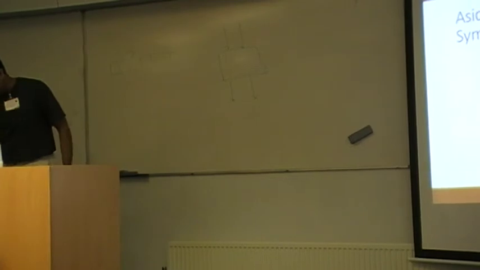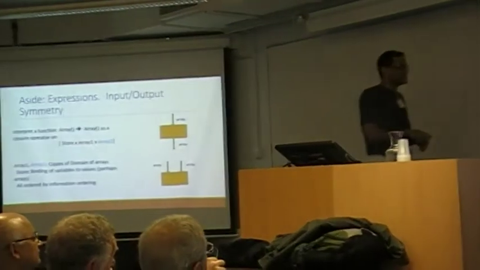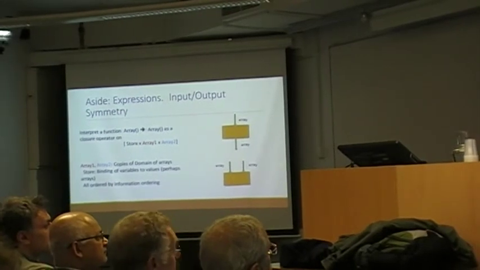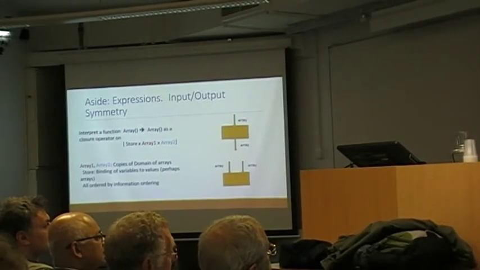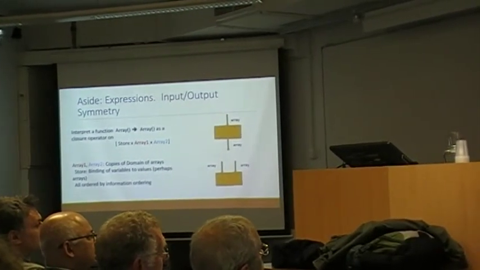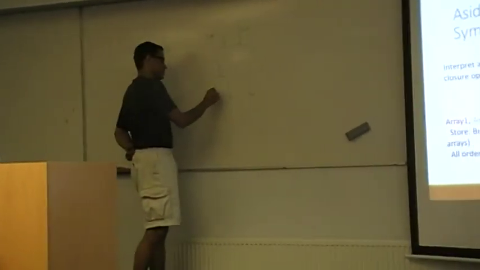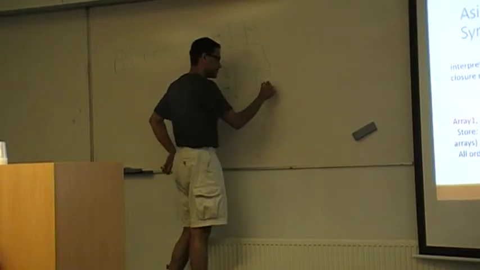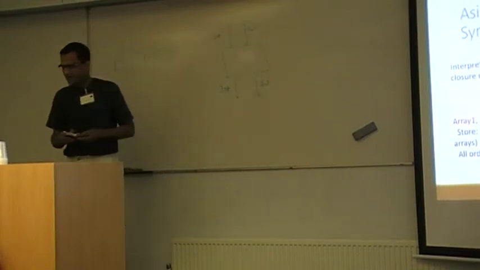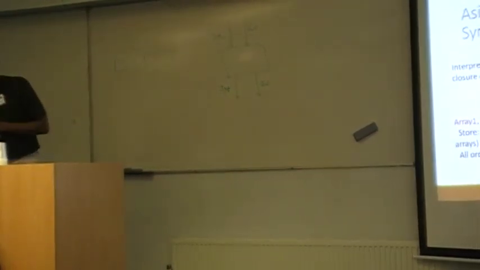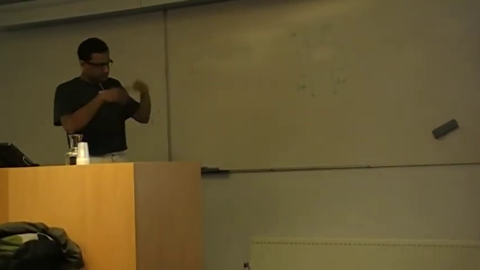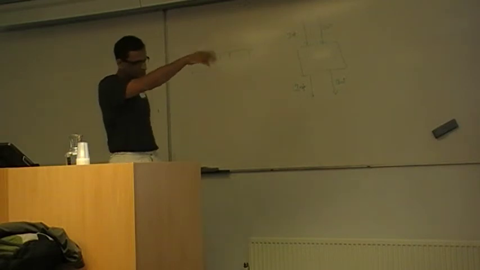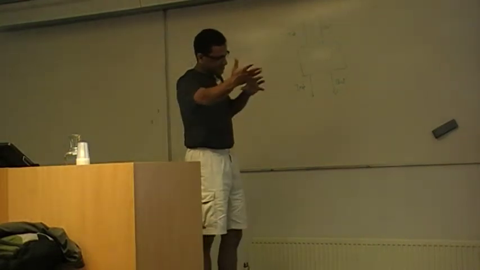So in particular, the way we want to interpret the expressions is, I take my input, and I take my approximation to my output, and I may change my input because that's just the way the language is, and I produce a better approximation to the output. Okay. And so formally, an expression becomes a closure operator not just on the store and something about the output.